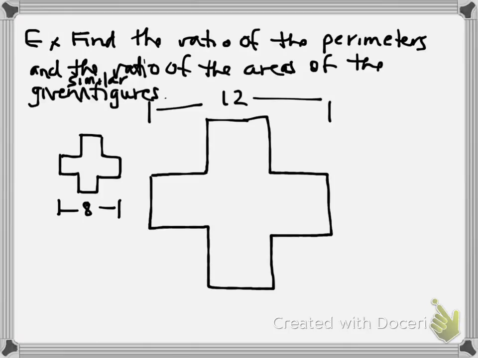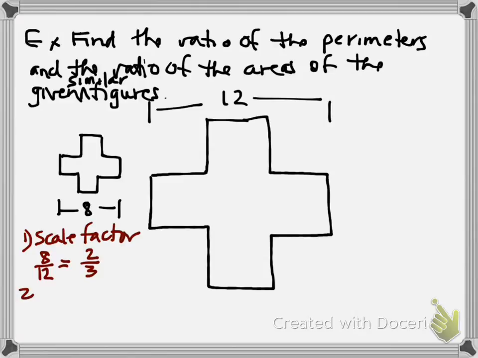So according to that theorem, first thing we're going to do is figure out the scale factor. The scale factor from little to big would be 8 to 12, which we simplify by a factor of 4, 2 to 3. Now that's not an answer by itself because that's what we're going to use to calculate our answers.